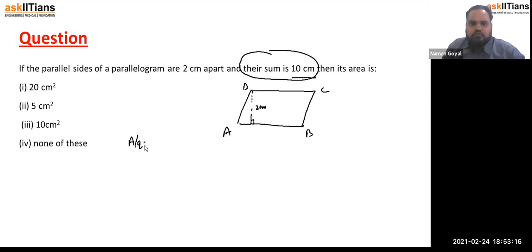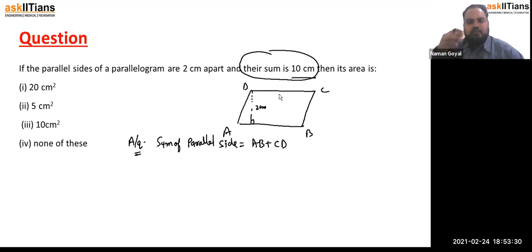According to the question it is given that sum of parallel sides is what? AB plus CD, right? The sum of parallel sides means what? AB plus CD, and which is given as 10 centimeter, isn't it? And we know that ABCD is a parallelogram.